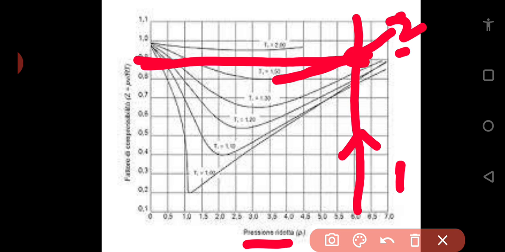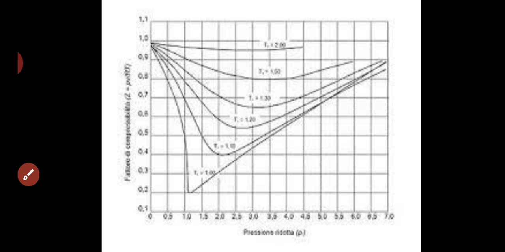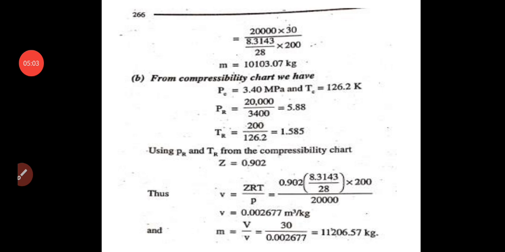The point of intersection, I have taken to the left and I got the value of Z. This way you find out the value of Z. So from the compressibility chart we got the value of Z as 0.902. In the chart you will not get 0.902, you will get only 0.9, because they are not accurate to three digits.